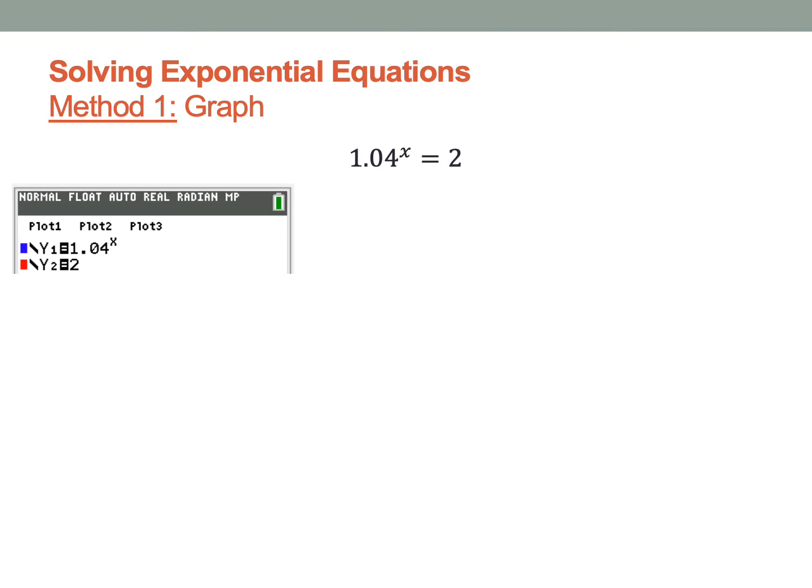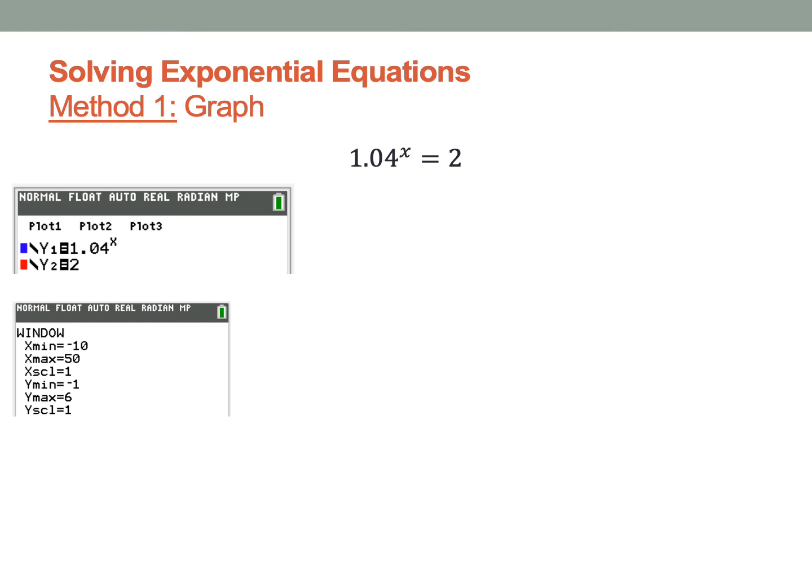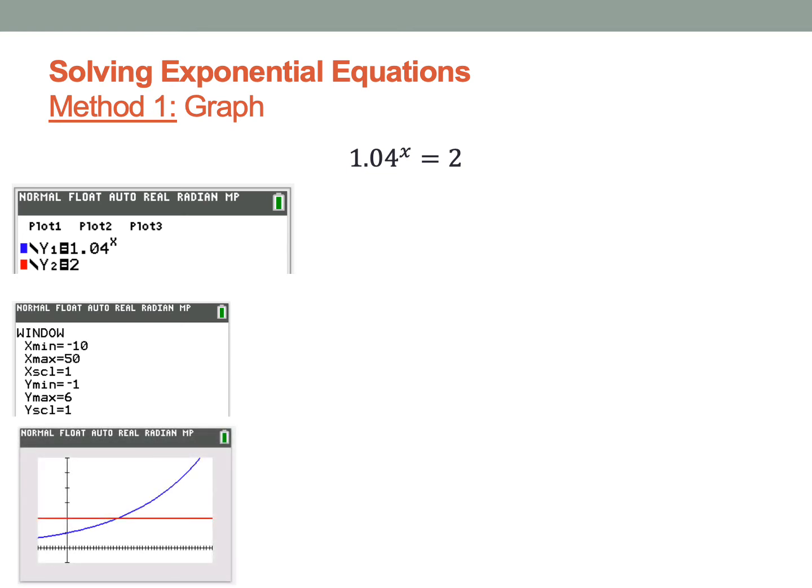For the purpose of this problem, it'd be nice if you do this with me, but you don't have to. You want to have this be your window, and then your graph should look like this. Once you graph the left and right side, you want to adjust your window so that you can see the point of intersection of the two graphs.